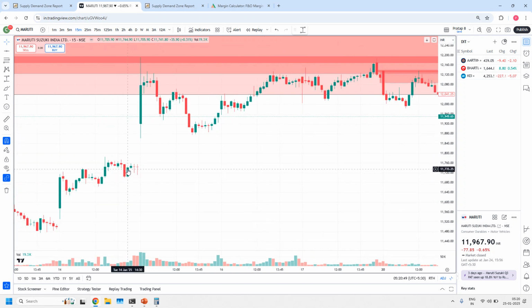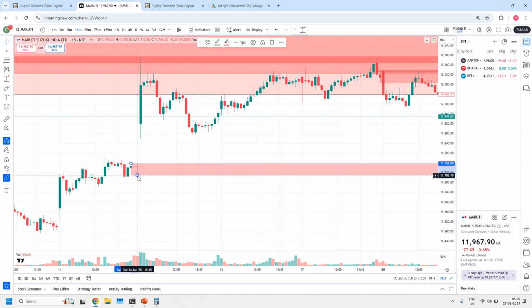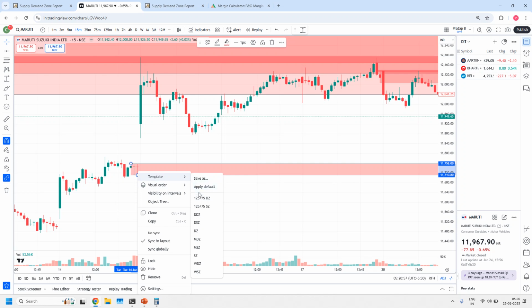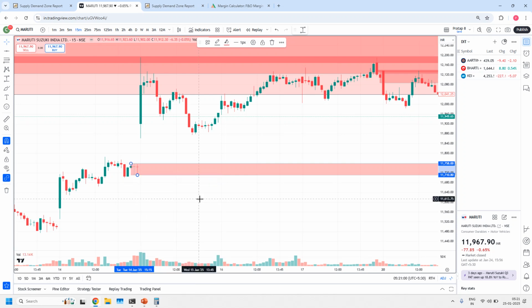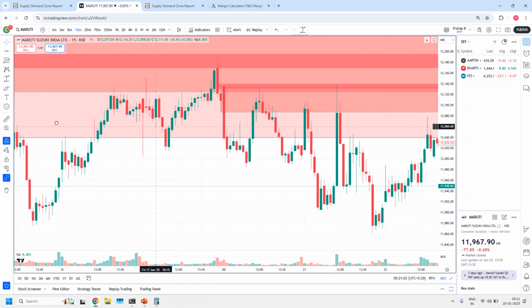This is the leg in, 3 base candles and a rally candle. So this is the 15-minute demand zone.